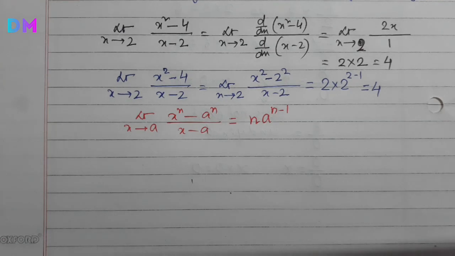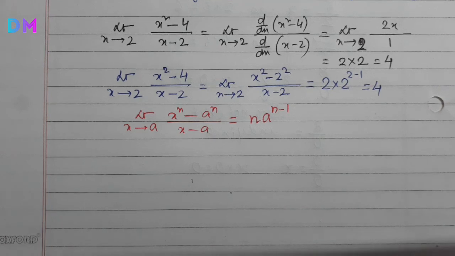So that means in both the cases the answer is same. If we use L'Hopital's rule or if we use the formula, in both the cases the answer will come same. So therefore L'Hopital's rule is useful in determining the limits of indeterminate forms.